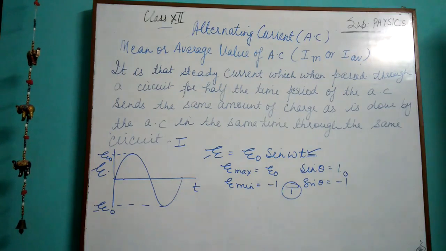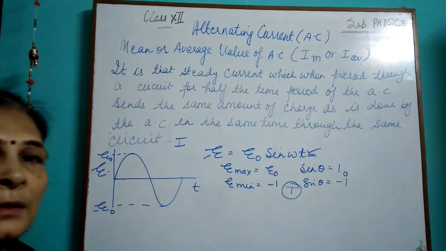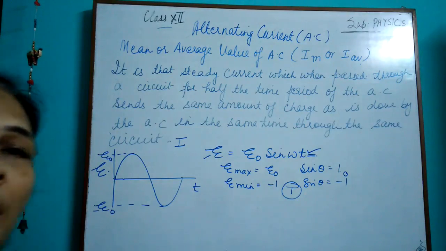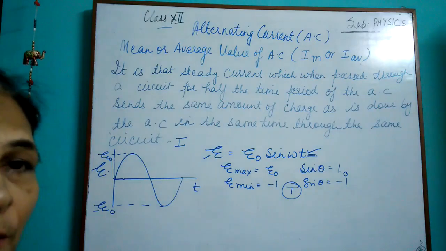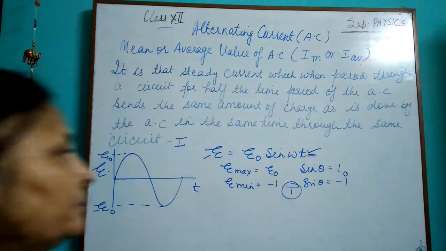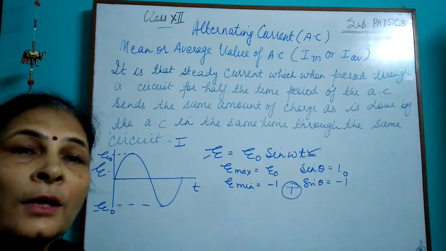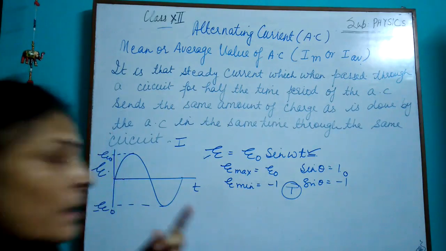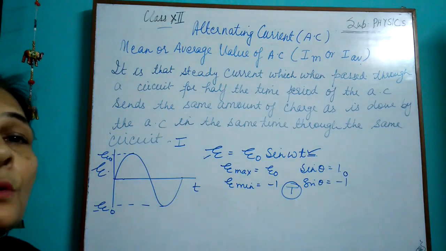Now here what I am telling you is for a purely resistive circuit, but we have also talked about two new circuit elements, that is capacitor and inductor. Inductor we have read in this chapter only, and capacitor we talked about in the first unit. We'll see now in this chapter how the current is going to vary.